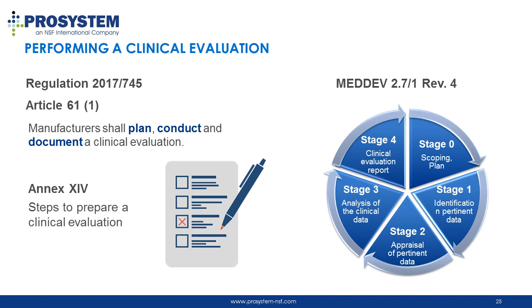The steps for the preparation of a clinical evaluation are covered in Annex 14. However, not all the detailed steps are described there. In this sense, until a revised version of the MEDDEV 2.7/1 Revision 4 is prepared, or other guidelines are published, you might consider adopting in your internal process the recommendations found in this guideline.